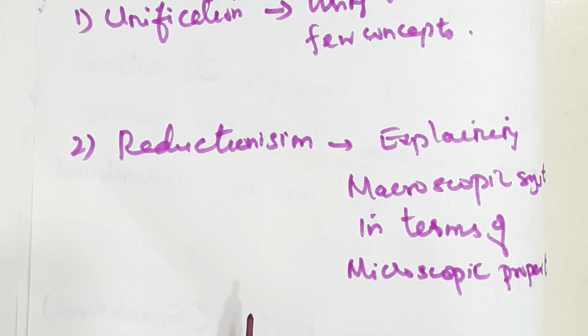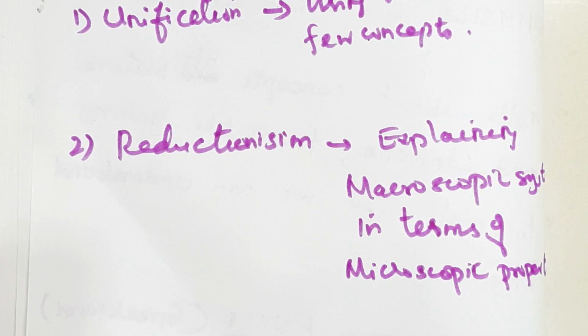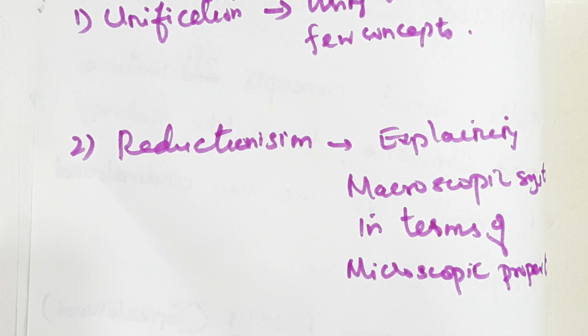For example, thermodynamics. Thermodynamics, have you heard? It deals with temperature. Here, it explains the macroscopic properties, temperature, entropy, etc., that can be explained on the basis of smaller molecular constituents, the microscopic properties.